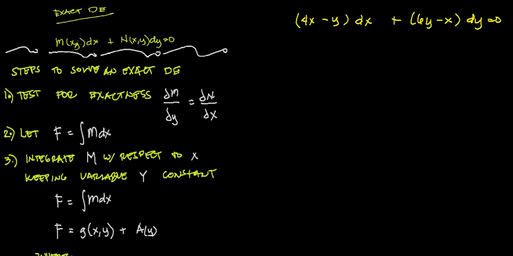We have M as a function of x and y, so this is our M. It is multiplied by dx. And thus we have a function N of x and y also. So this is our N, and this is multiplied by dy is equal to 0. So we are already in this form.